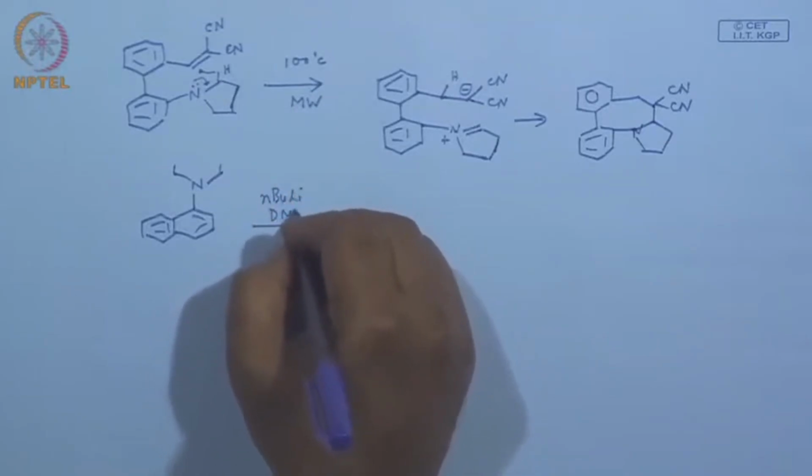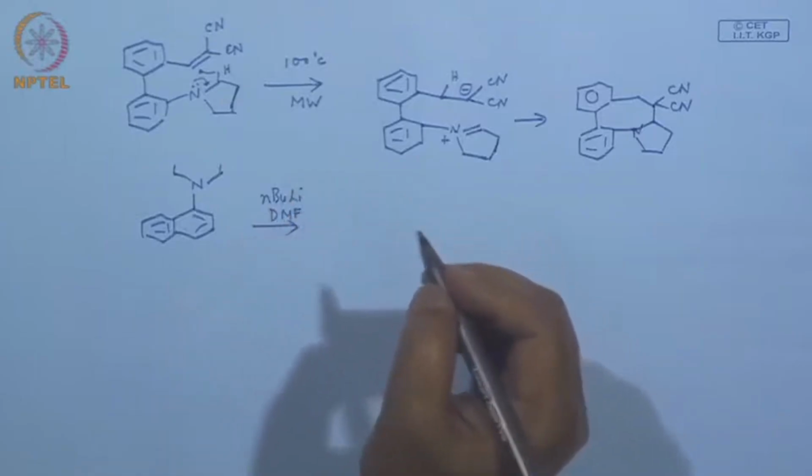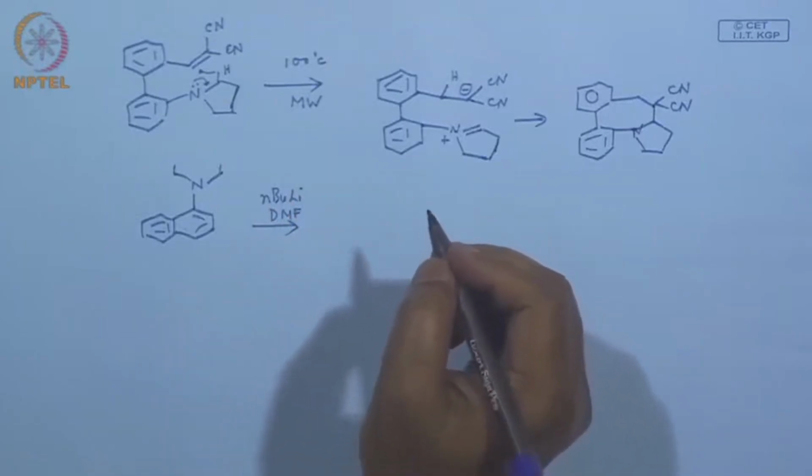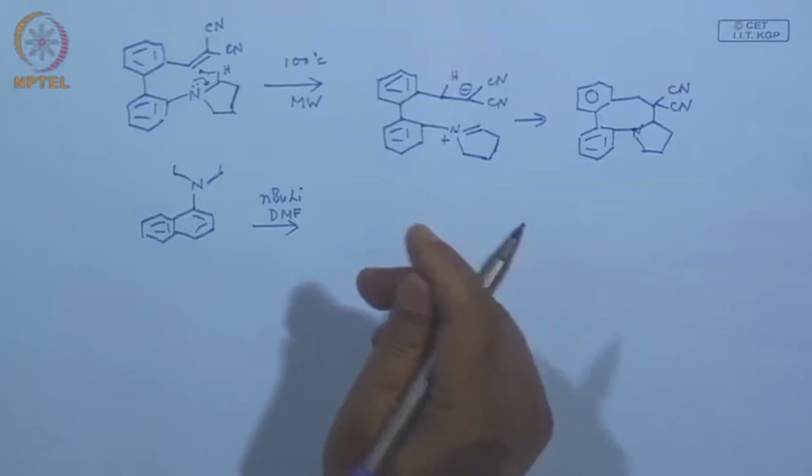I think all of us know what is going to happen, right? What is going to happen? Introduction of CHO. But at which position?